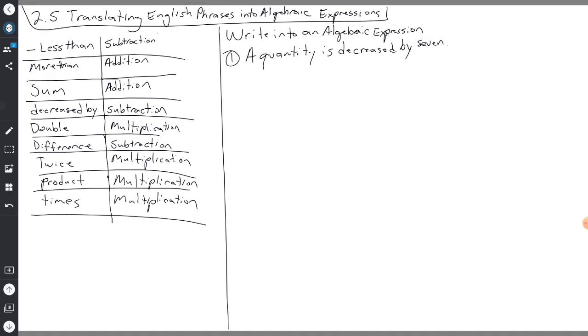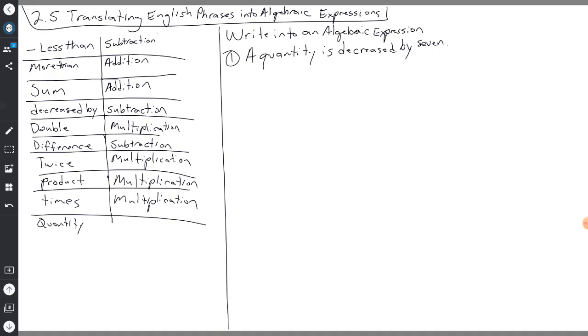So we know the quantity, a quantity is decreased by 7.